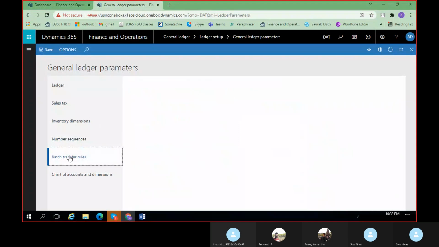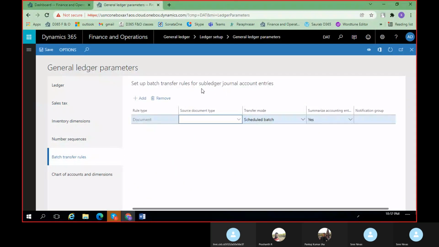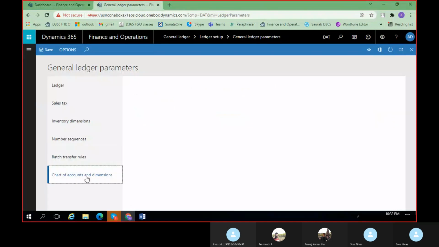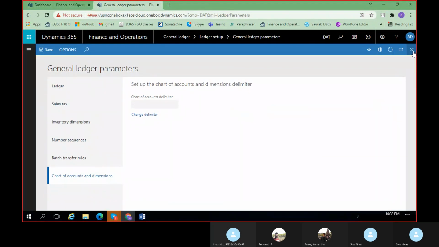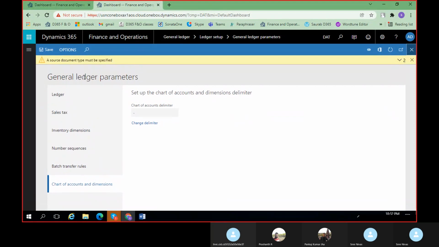And the batch transfer rules, if there is anything related to subledger groups, those things we'll have to configure here, and the chart of accounts and dimensions. So anything that is related to chart of accounts and the financial dimensions, we'll have to define here. We'll discuss the general ledger parameters in a separate module.